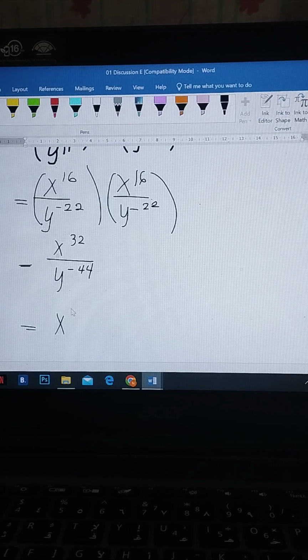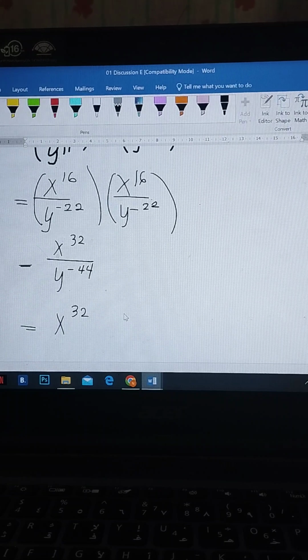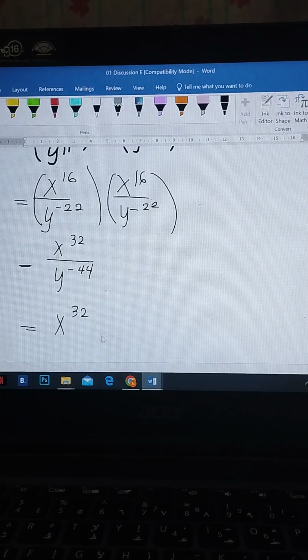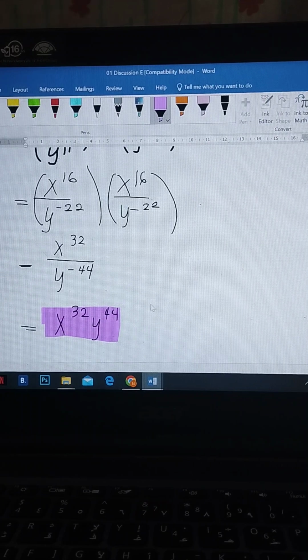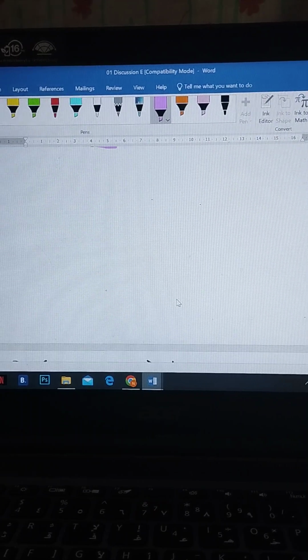The final answer is x raised to 32 times the reciprocal of 1 over y raised to negative 44, which is y raised to 44. Final answer, x raised to 32, y raised to 44.